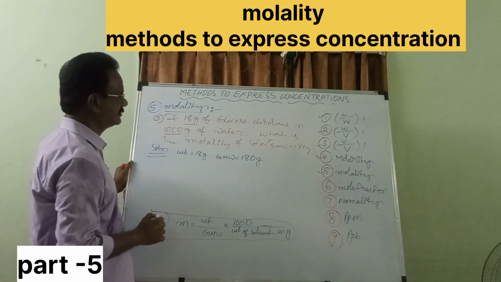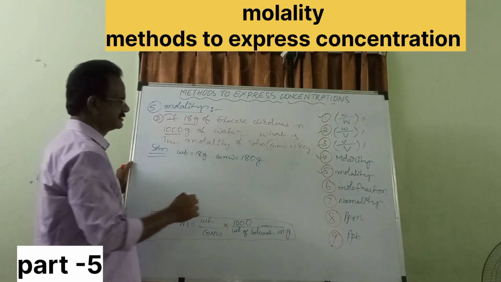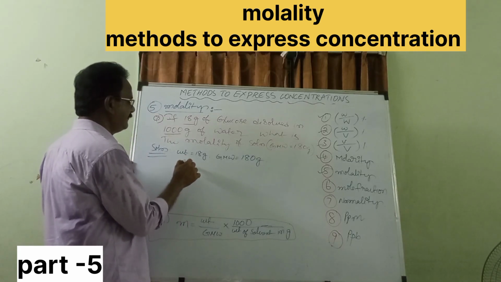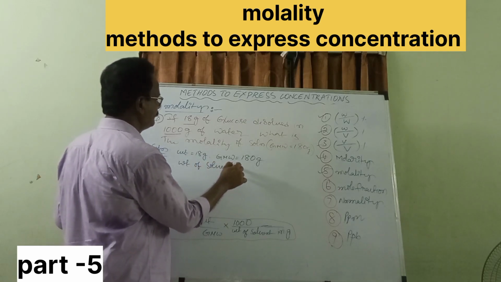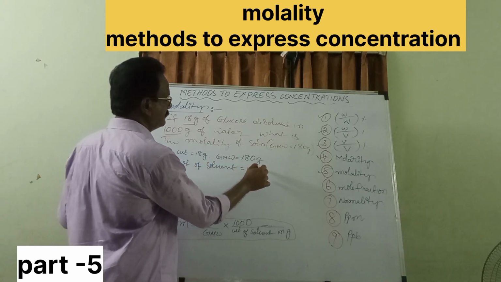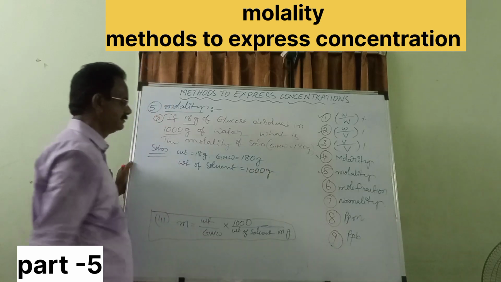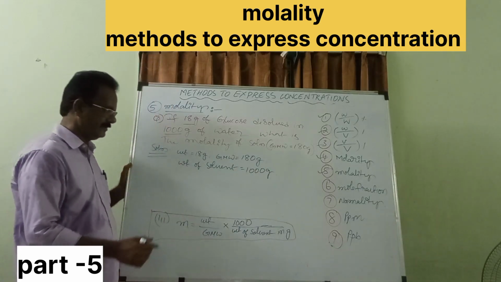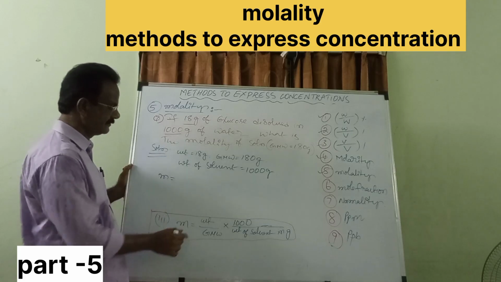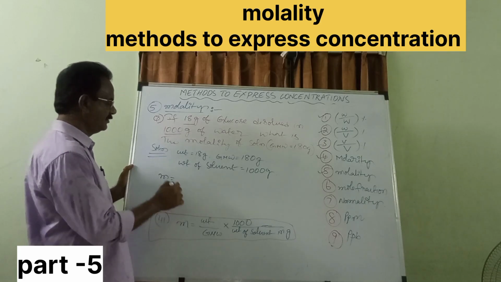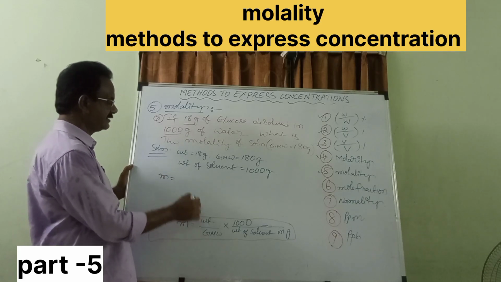Gram molecular weight is equal to 180 grams. Weight of solvent is equal to 1000 grams.